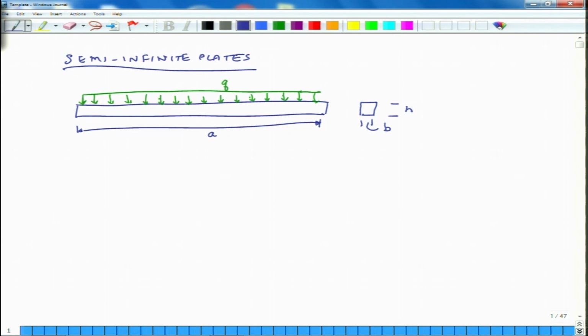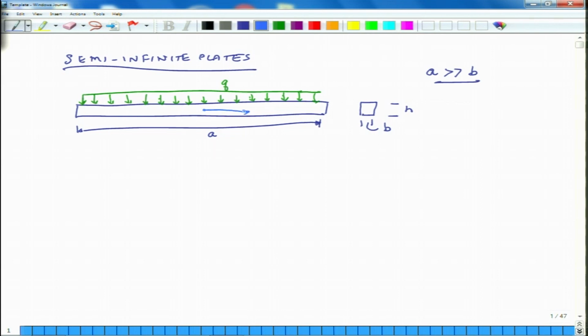So, when we say that this plate is semi-infinite in its length, it implies that a is extremely long compared to b. And let us set our axis system. So, this is the midpoint of the plate.